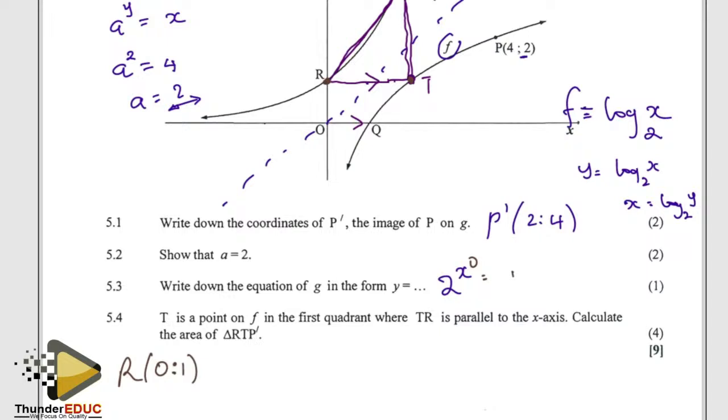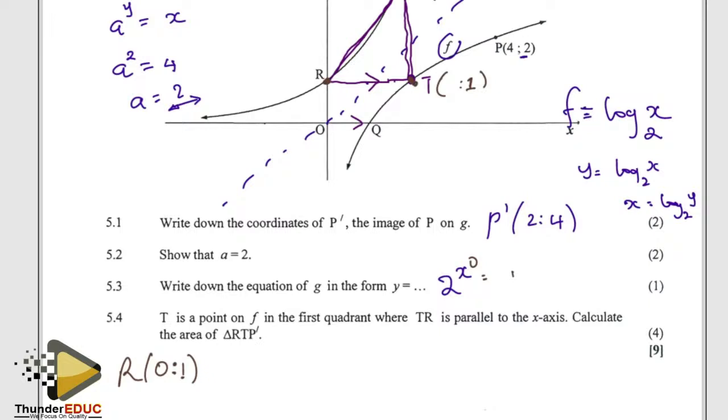We also need the coordinates of T. Since T is parallel to the x-axis, the y-coordinate of T is going to be 1. Then we can just play around with the values there.